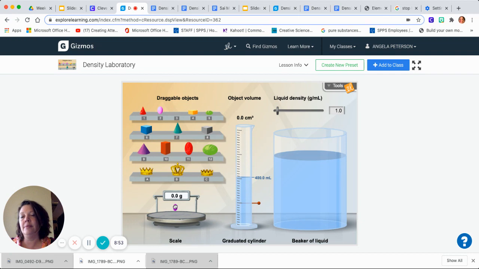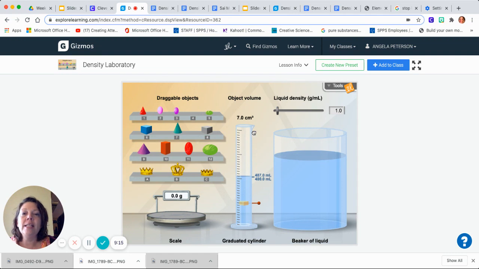Number 3, 4 grams of mass, 5 centimeters cubed of volume. This floats. So you're going to write down floats. Item 4 has 135 grams of mass.